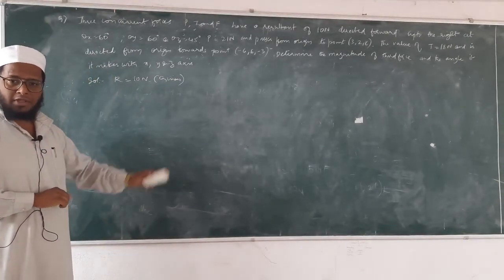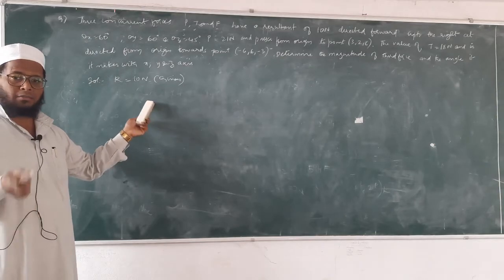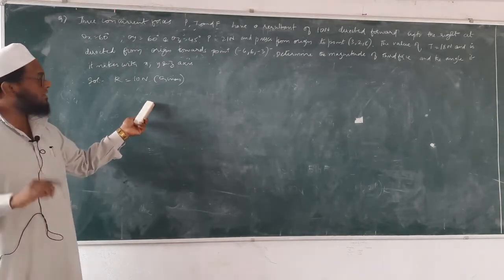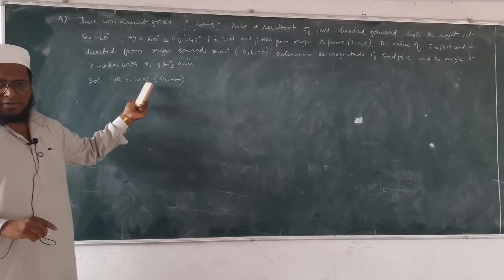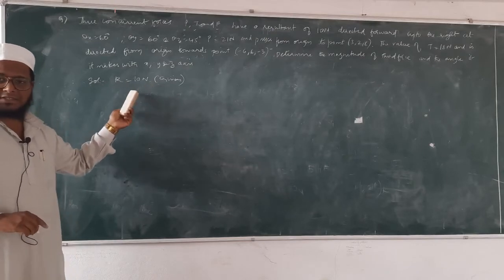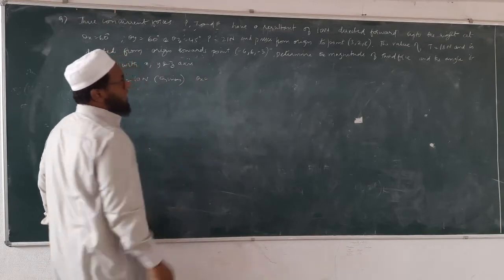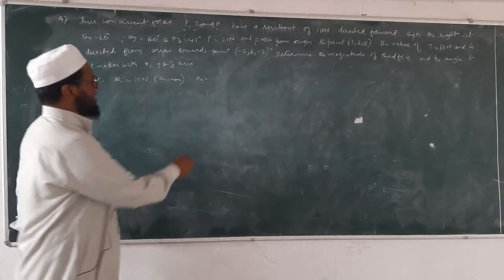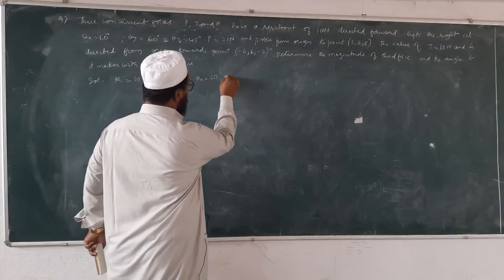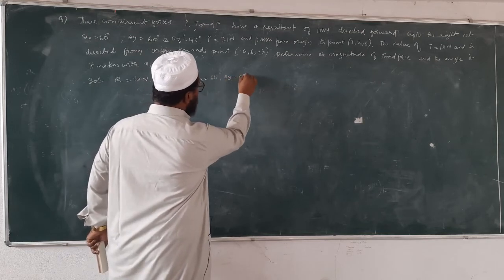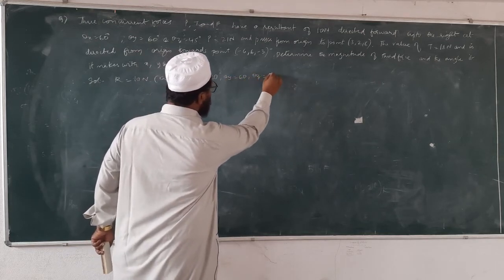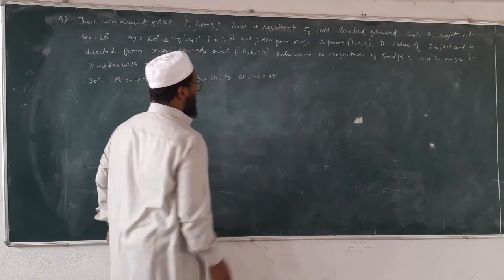Now, recall how to calculate components when angles are given. R is equal to 10 newtons, and this resultant R makes an angle theta x equal to 60 degrees, theta y equal to 60 degrees, and theta z equal to 45 degrees.